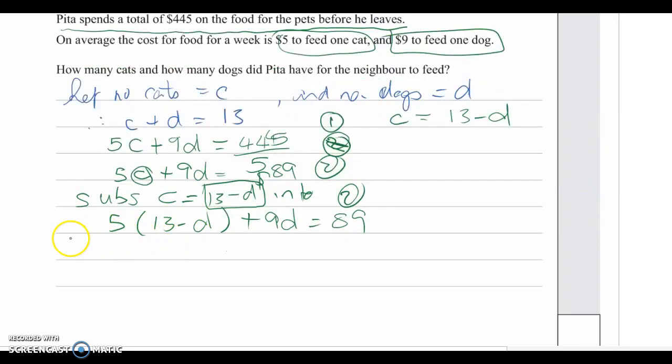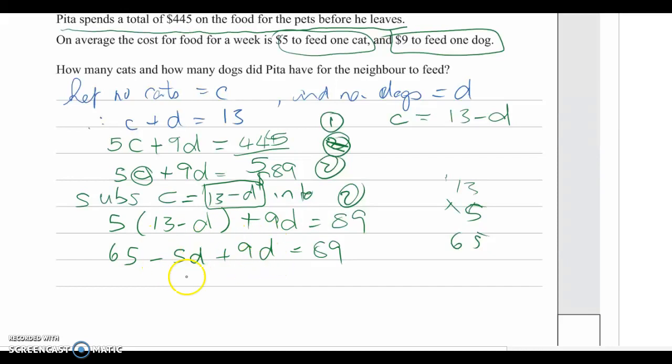And then I need to multiply that out. So 13 times 5, 3 5s are 15, 1 5s are 5, 6. So it'll be 65 minus 5D plus 9D equals 89. Now I'm going to get all my like terms together.